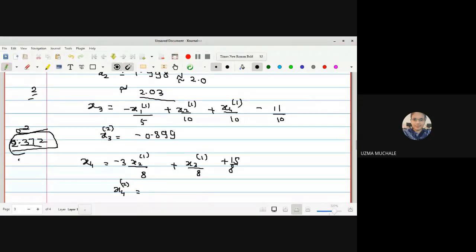Don't take only 2.3. Whenever you apply the iterative procedure, or in a whole paper of numerical analysis, you should take at least four significant digits for calculations. If you take only 2.3, you will not get a correct answer. Ma'am, x4 is 0.879.